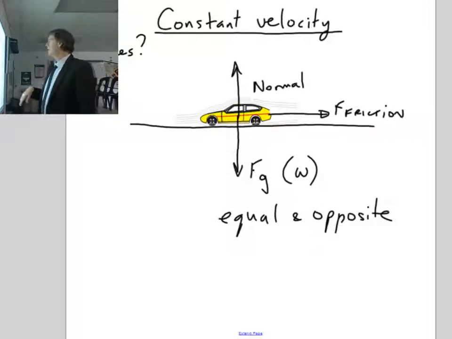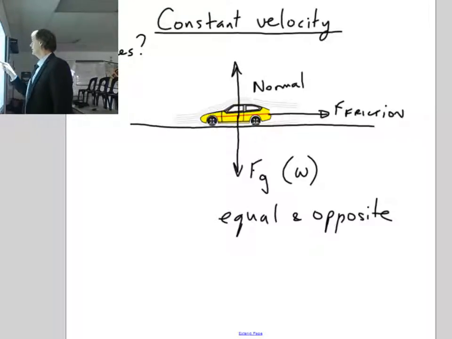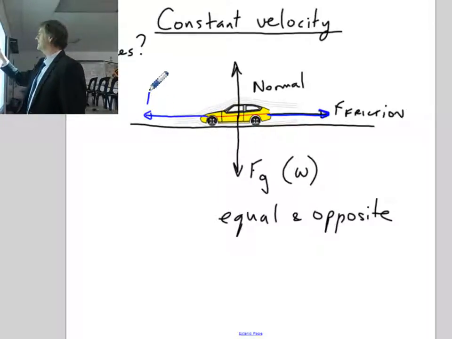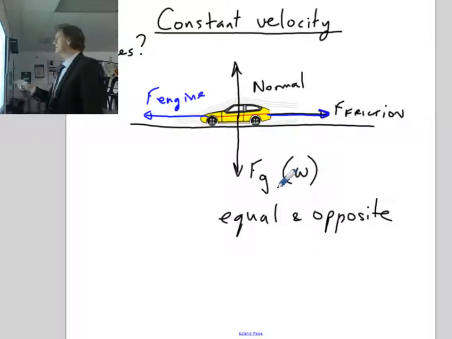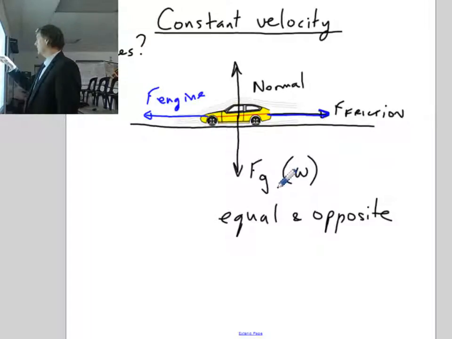Okay? So for the car to travel at a constant velocity, we must have a forward force that's going to balance that backwards friction. There's going to be an equal force coming forward. Now a lot of people will tell you that's the force of the engine, and so they'll just label it the force of the engine. The reality is that the engine turns the crankshaft and the tail shaft to the wheels.